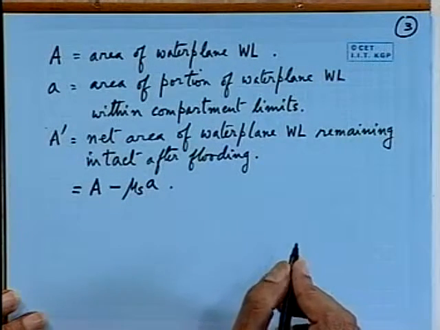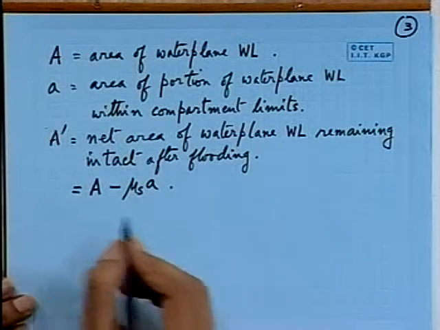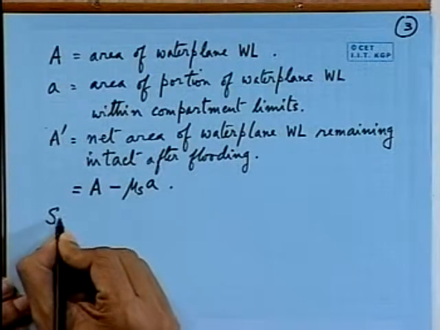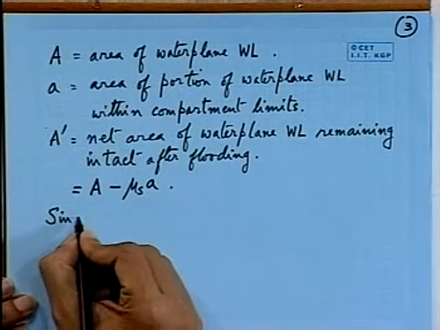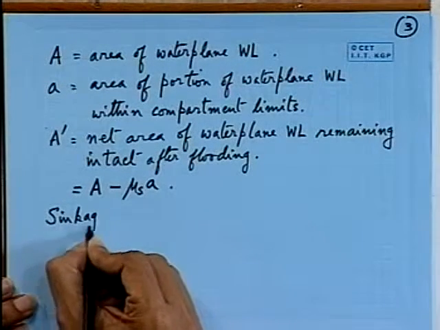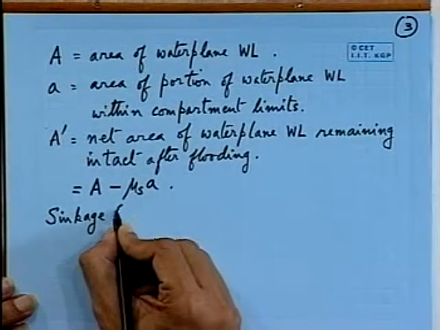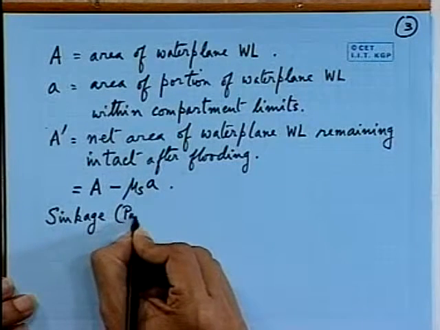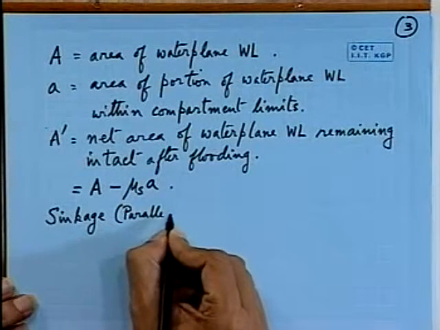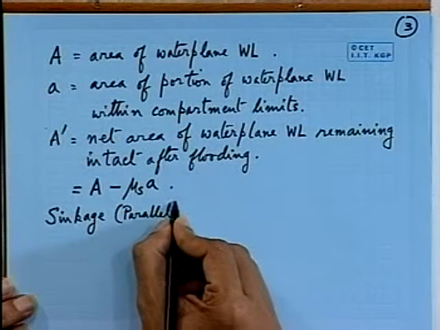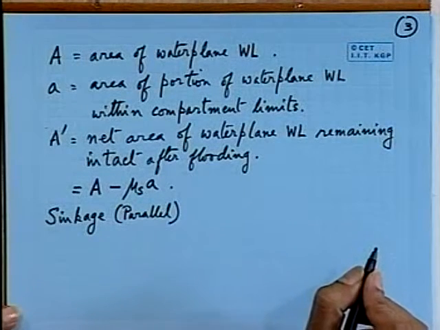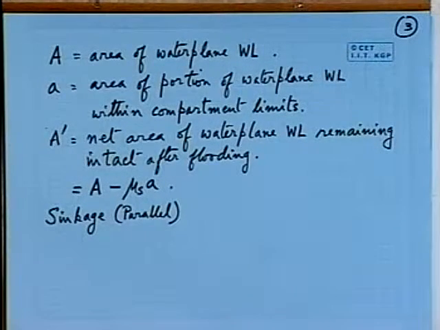So now let us calculate the sinkage, or sometimes in naval architecture practice we call this parallel sinkage. That means we assume that the ship does not have any trim at this stage.